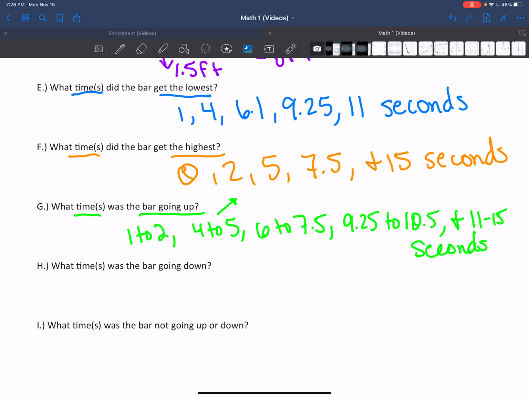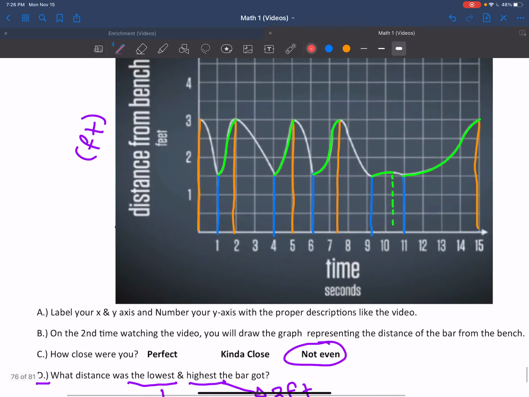Okay, next up, what times was the bar going down? So let's do that. Looking at our graph, when is our graph going in a downwards direction? Well, that's from 0 to 1, 2 to 4, 5 to 6, and then 7.5 to 9.25, and there's this little itty bitty spot right here that we're going down.